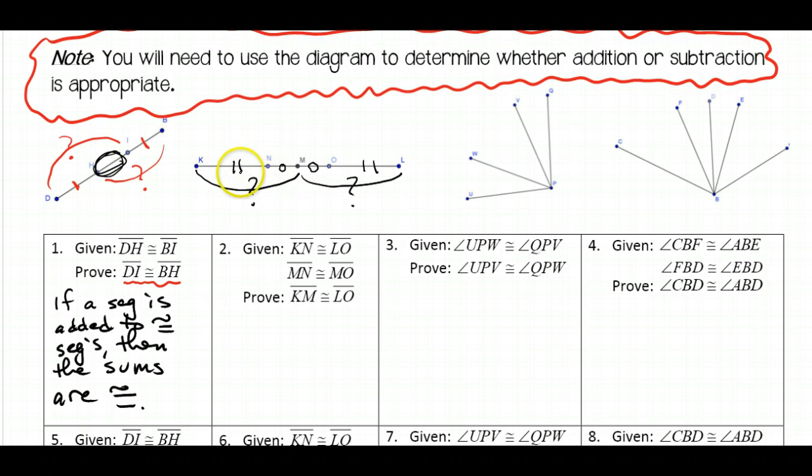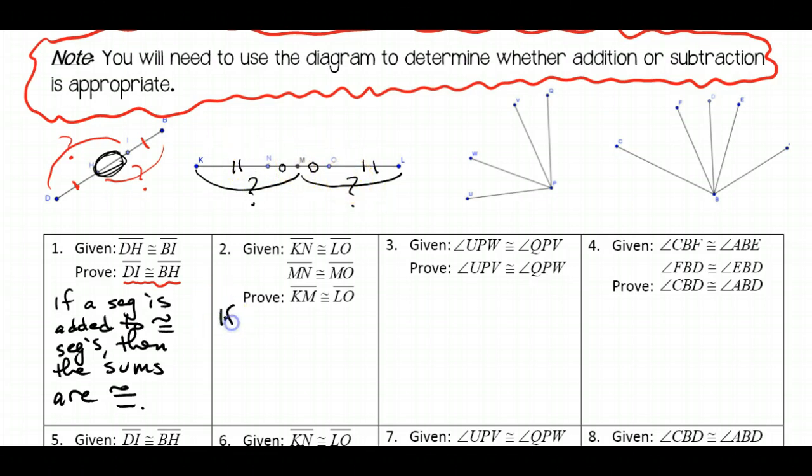So if I take one of the segments with the 2 tick marks and one of the segments with the little circle tick mark and add those together, I'm going to have a 2 tick mark and a circle segment on the left and a 2 tick mark and a circle tick mark on the right. So if I add the congruent segments, the little congruent segments on the inside to the big congruent segments on the outside, then the sums are going to have to be congruent.